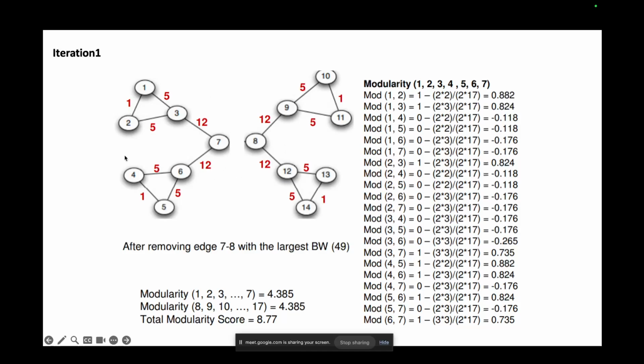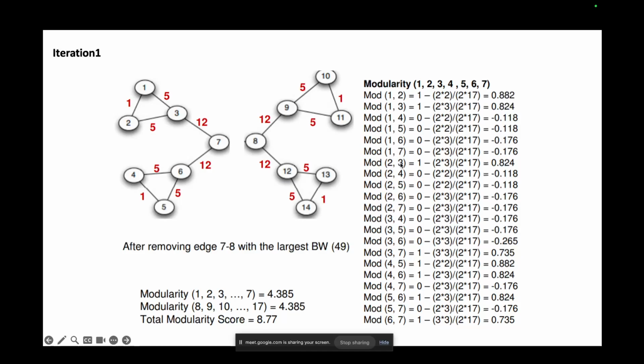Now you calculate modularity inside these two communities and see what the modularity score actually is. On the left you have nodes 1 to 7, and you calculate the modularity. Modularity is a pairwise index, so you calculate for each pair: 1 and 2, 1 and 3, 1 and 4, 1 and 5, 1 and 6, 1 and 7, right?